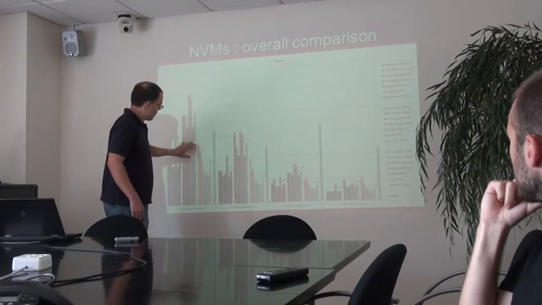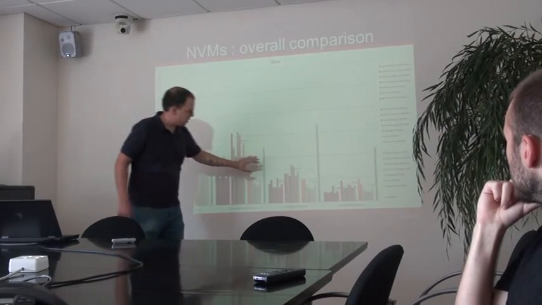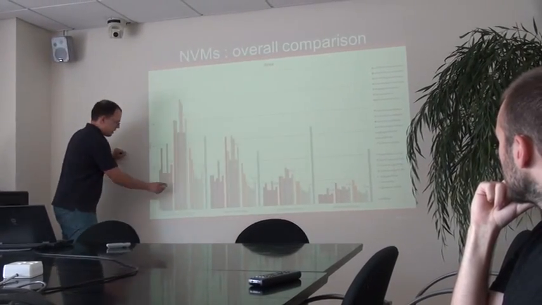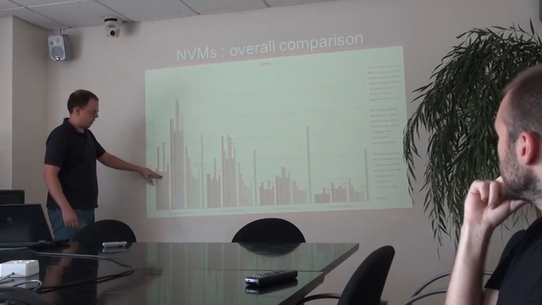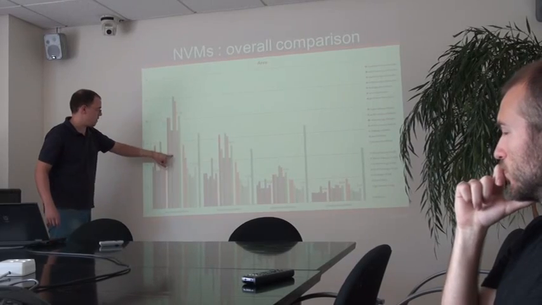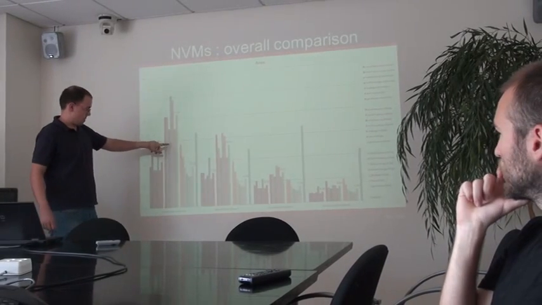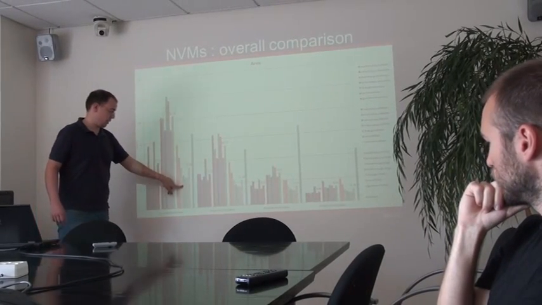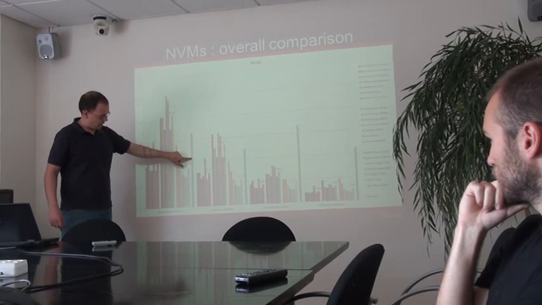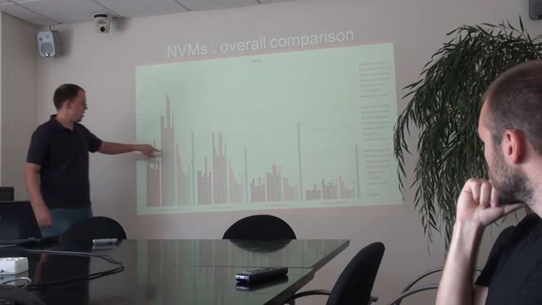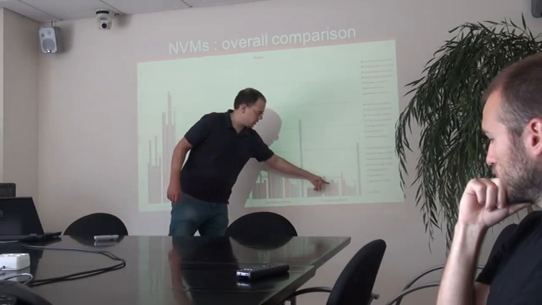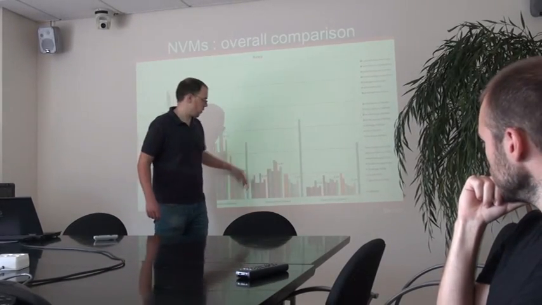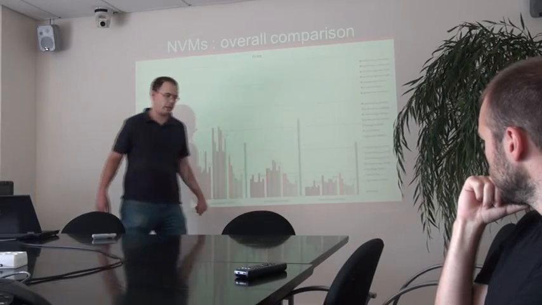We can infer that the general trend is that this first set of bars is the resistive RAMs, this is the magnetic RAM, STT-RAM, this is phase change memory, and this is DRAM. So the general trend is that the information density is higher and higher when we advance in the following years.